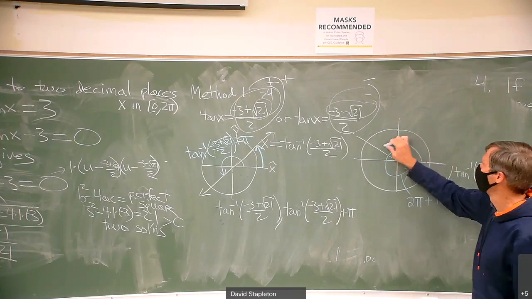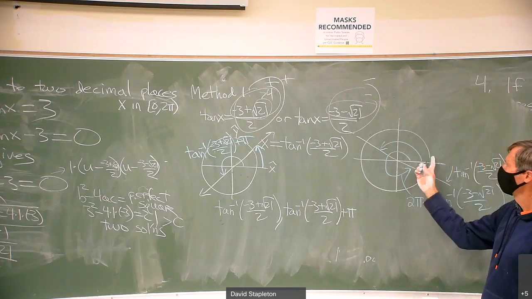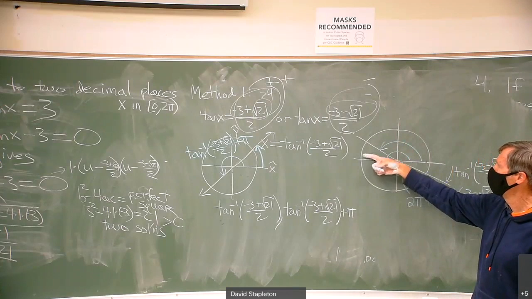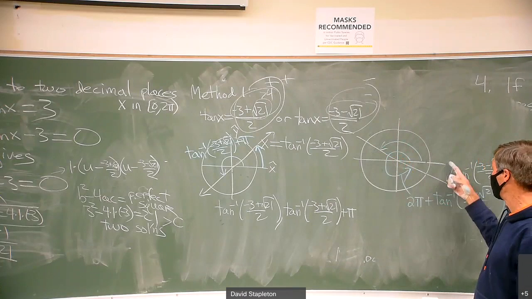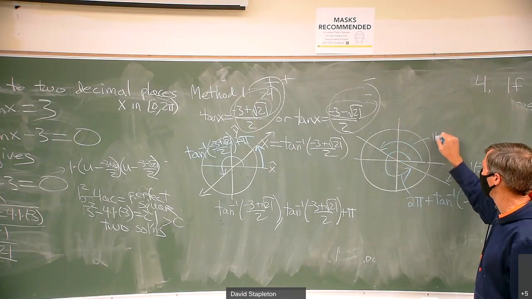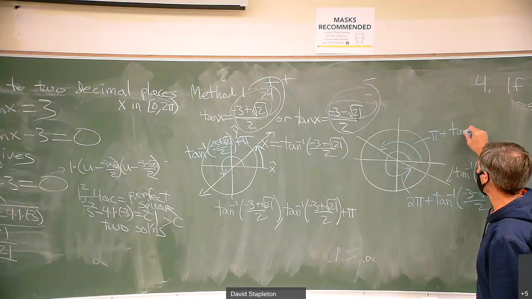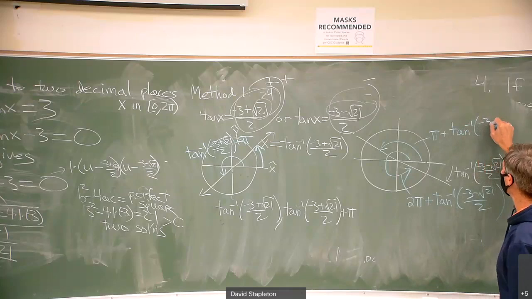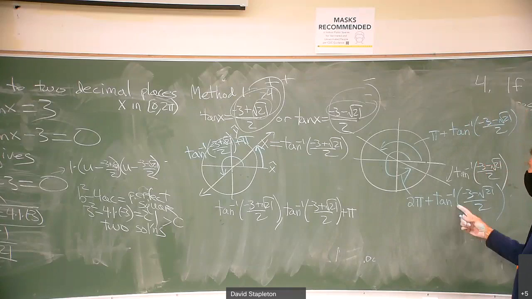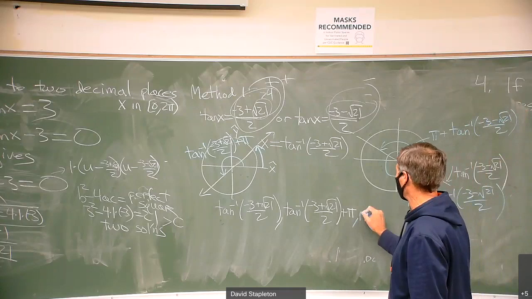That's this one. Now I can take pi and back up this amount. Again, it's adding this negative angle. So this one is actually pi plus arctangent of minus 3 minus root 21 over 2. There it is. 4 solutions.